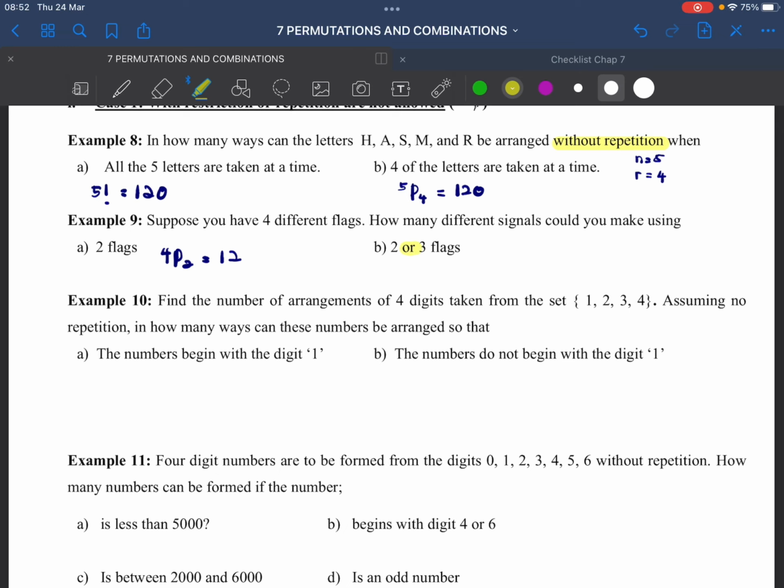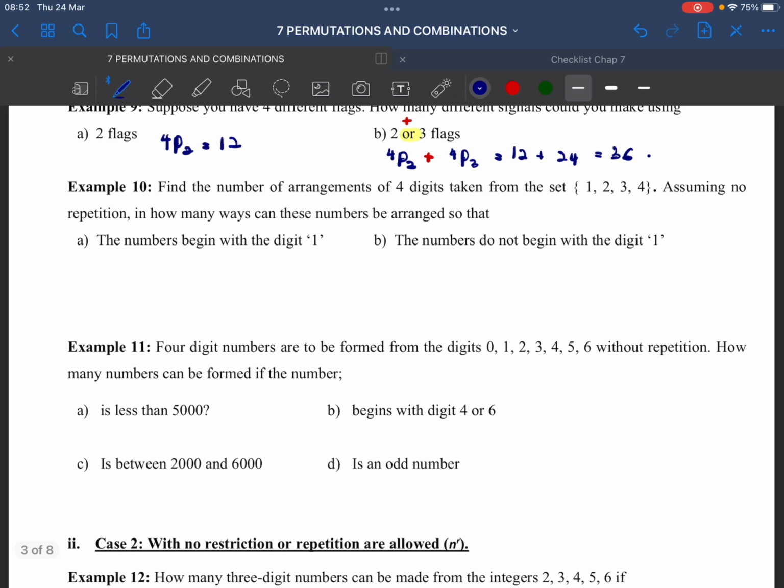So you have 4 different flags, you want to choose and rearrange 2, so it's going to be 4P2, plus, if we have 4 flags and we want to arrange 3, it's going to be 4P3. Put into calculator: 4P2 is 12, 4P3 is 24, and here you get 36. Remember, OR is add and AND is multiply.